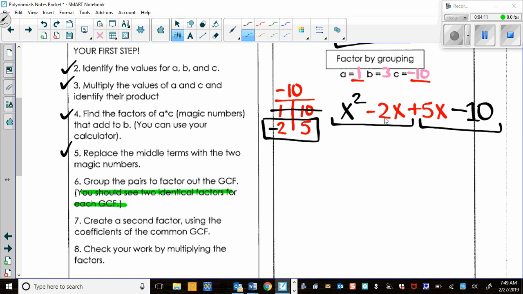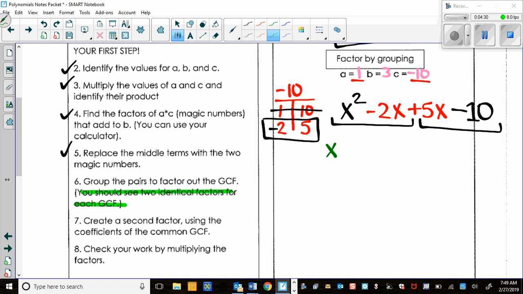Now I'm going to look at my first group here, x squared and -2x, and I have to ask myself, okay, what do they have in common? And the answer is they have x in common. They both have one x that I can pull out, but I can't take another number. So let's go ahead and write, I'm going to do a green here.